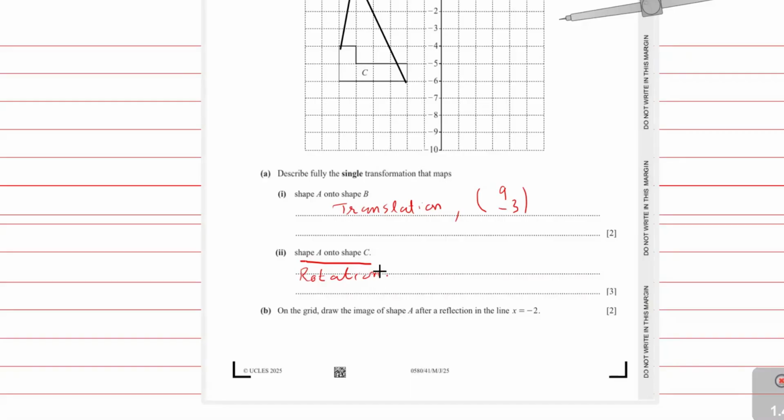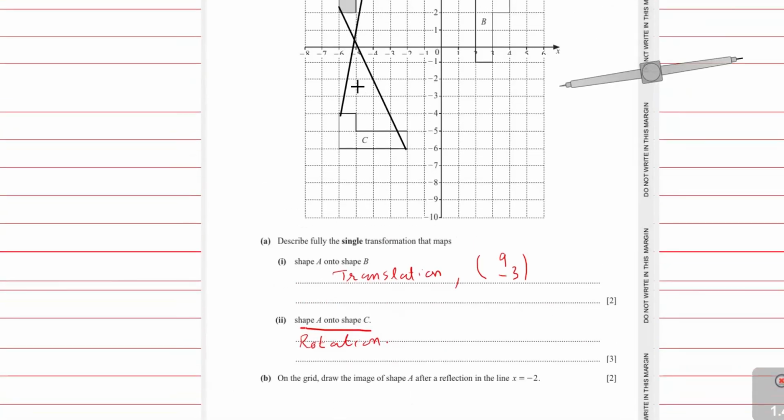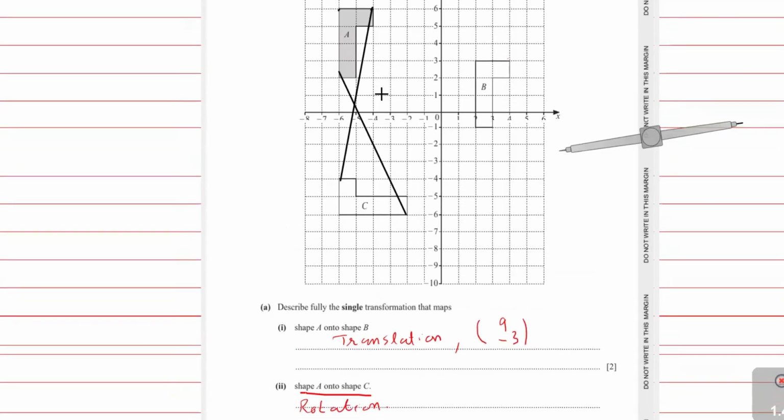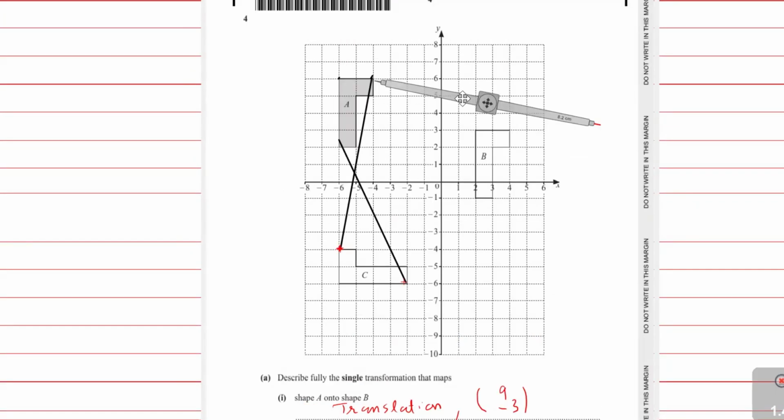In the next step, we will mark the center of rotation of this transformation. Look here, these lines we get by joining the object point and its corresponding image points. And we will take the perpendicular bisector of these two lines. For perpendicular bisector, we will draw an arc on right side, and then we will draw an arc on left side.